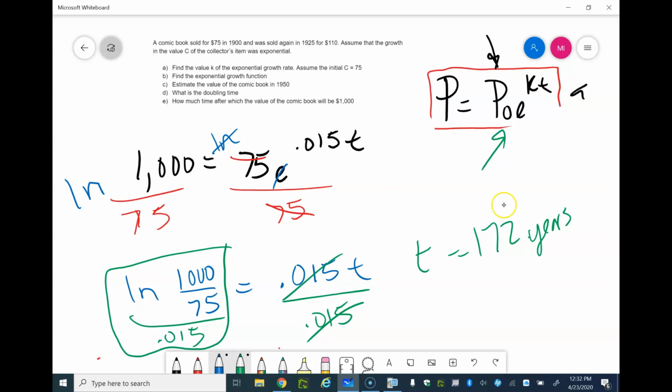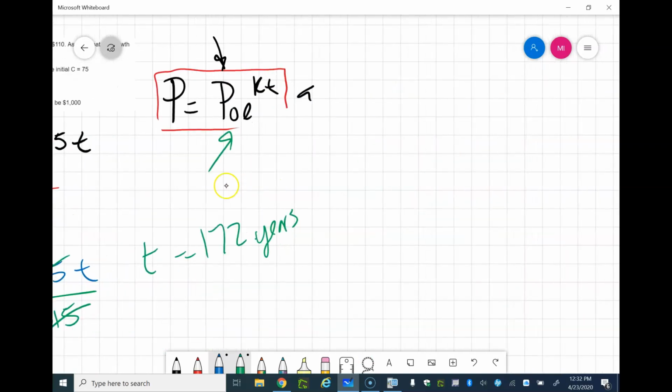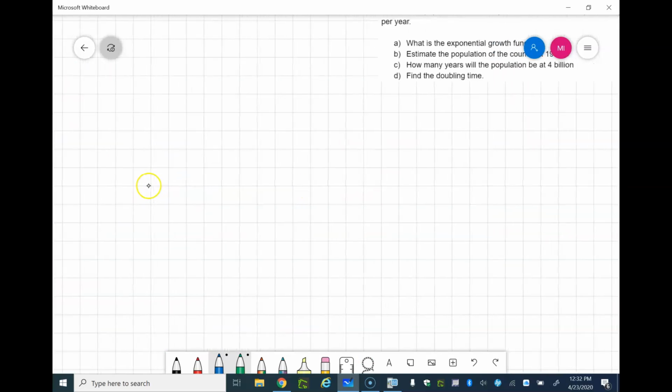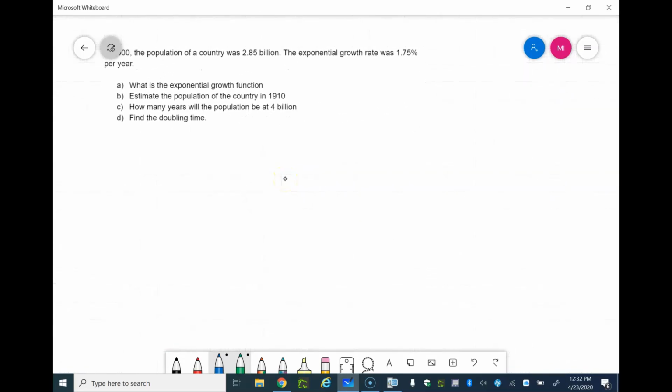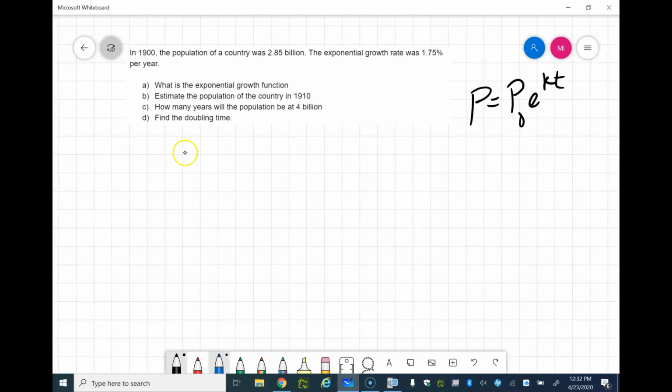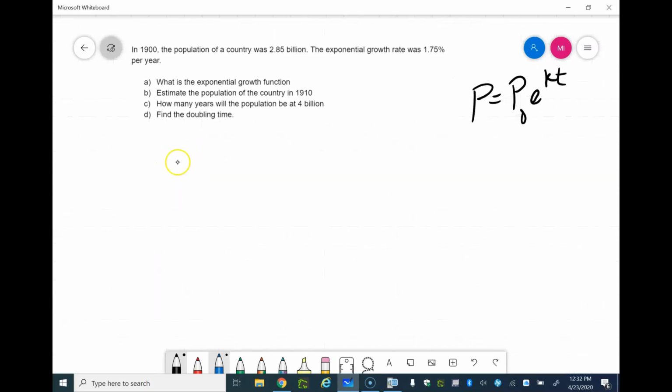All right, so let's move on to another example. Again, I'm going to put my formula off to the side. For this one, we're basically doing a lot of the same things.